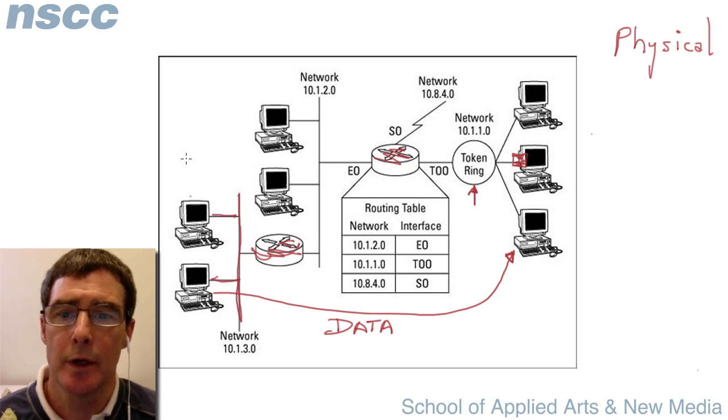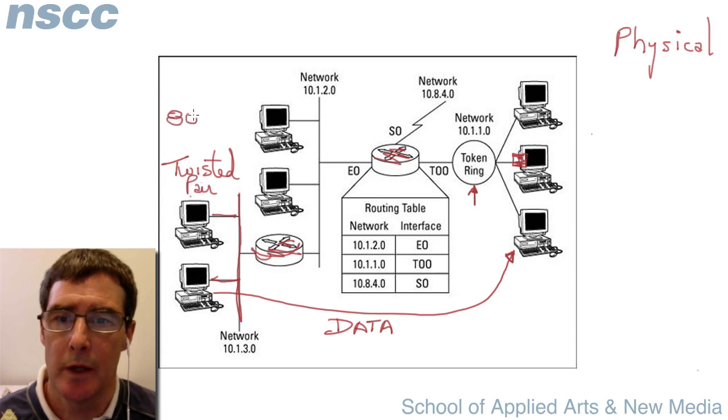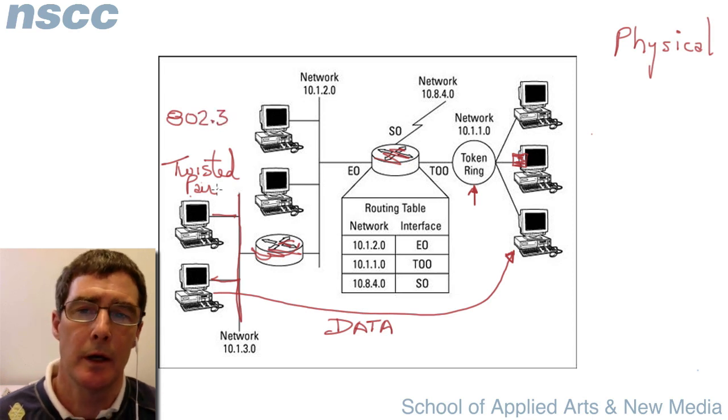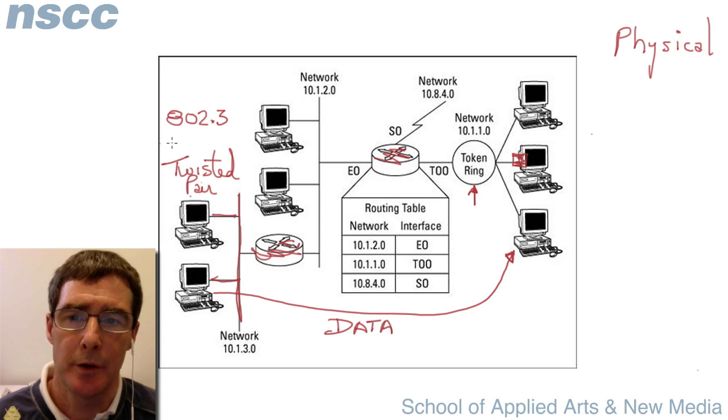Over here we have a network segment that's likely working on some type of Ethernet twisted pair. Common standards are one of the 802.3 standards. This is the IEEE standard designation.